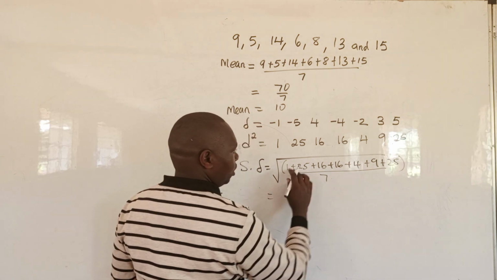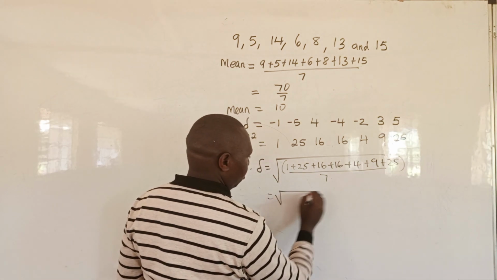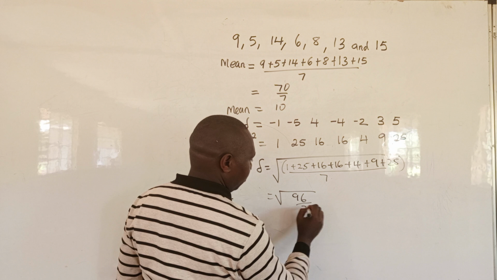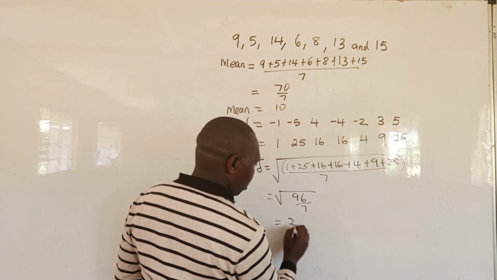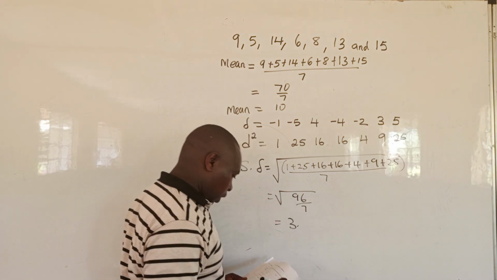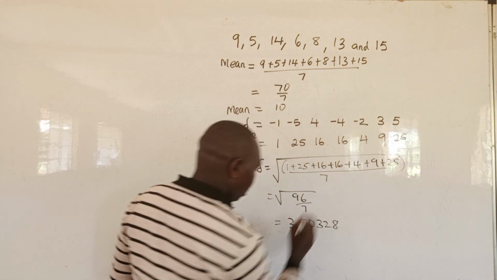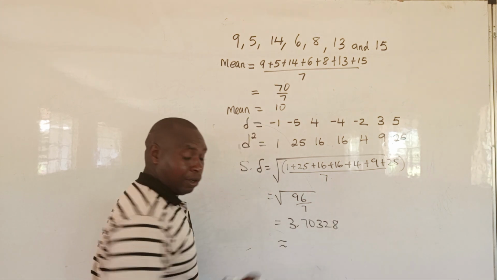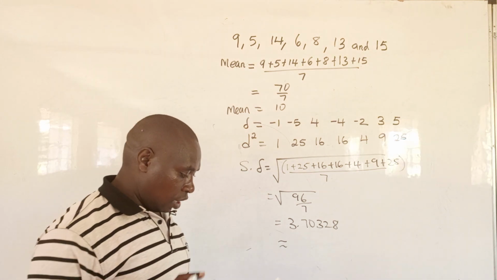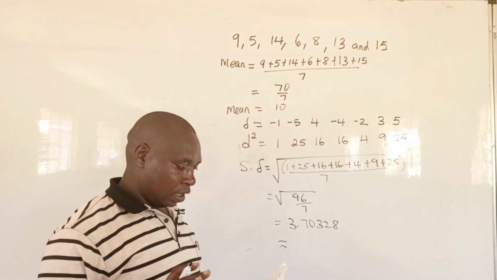Of course, when this is added, it gives a total of 96 divided by 7, and this gives 3.7328.